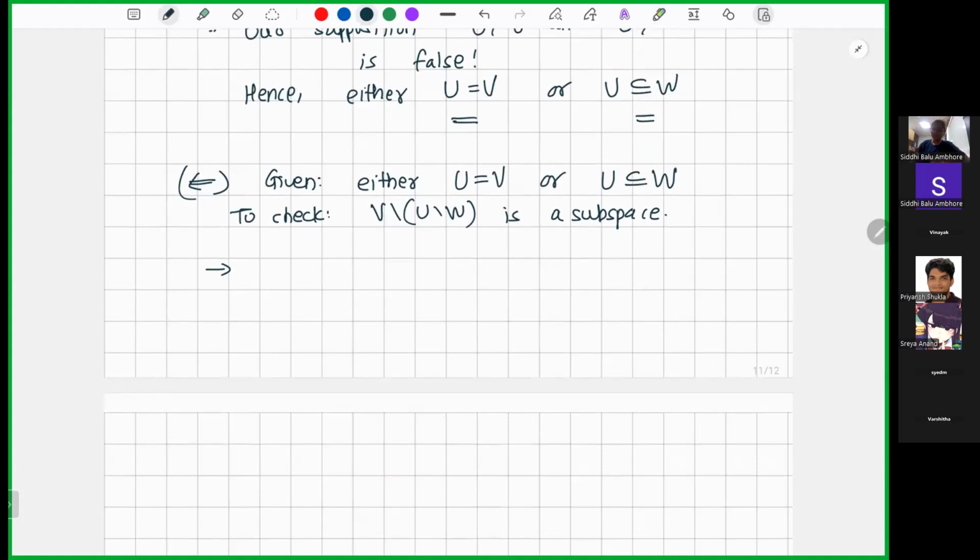And here also there are two conditions, that U is equal to V or U is contained in W. So we will just check both the cases. If U is equal to V, then V minus U minus W is what? It is U complement union W, right?